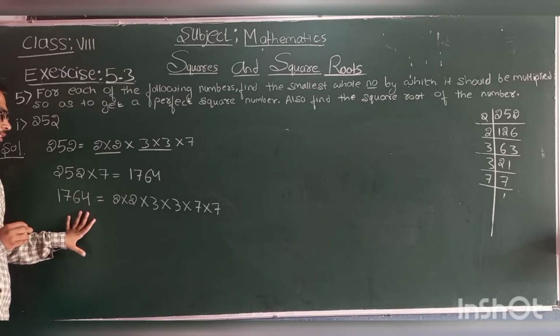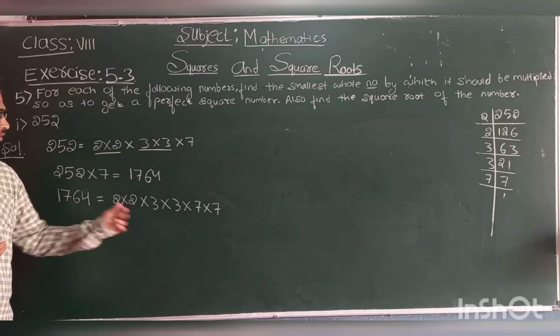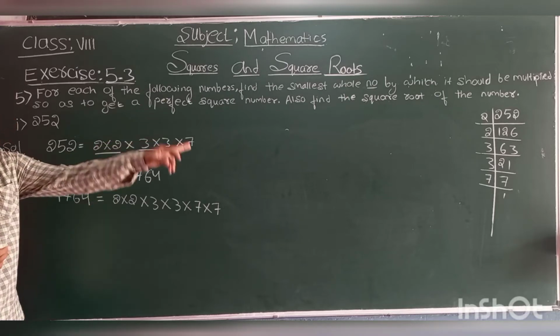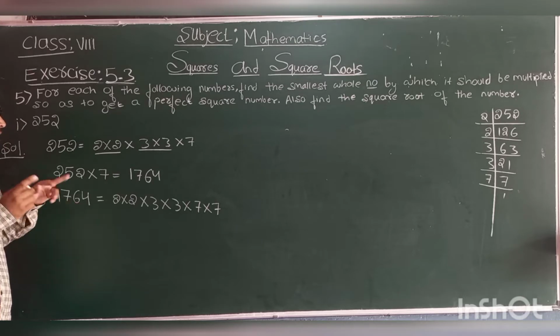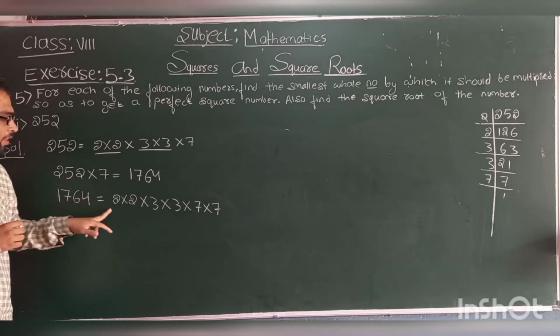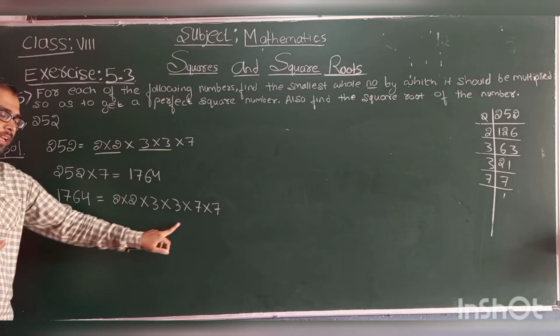But look at here, whether I have factorized this 1764 or I have written the factors of this number directly. No, I have not factorized 1764 like how I have factorized 252. I have written the factors directly. Then how is it possible to write the factors of this number directly?